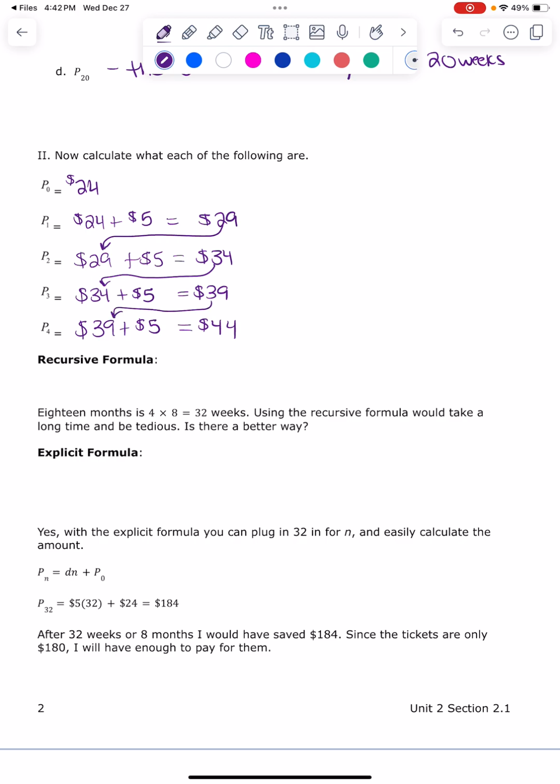So this is why it's called recursive, because you're recursively using the previous amount. It's building on the previous amount, and that's what makes it recursive.